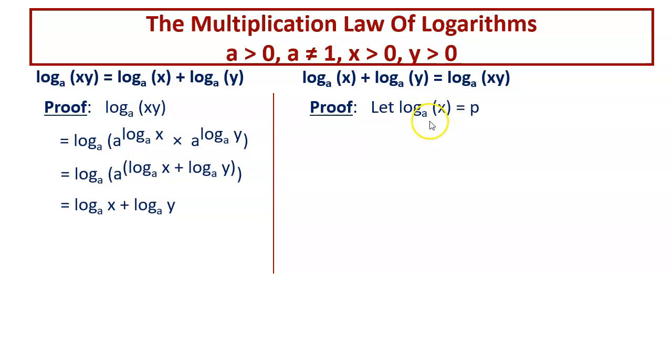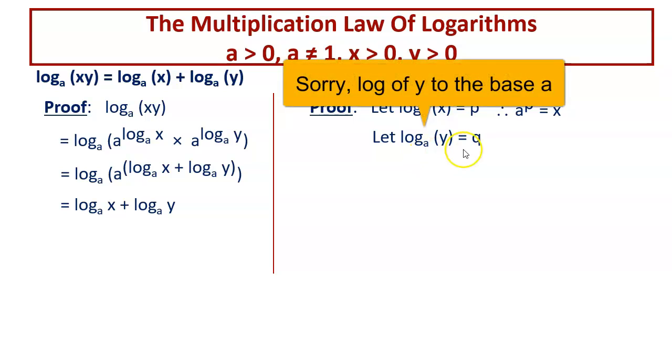Let log of x to the base e be p, and so converting it to an exponential equation, it is base raised to the power of this p, that is e to the power of p equal to x. And let log of y to the base e be q.